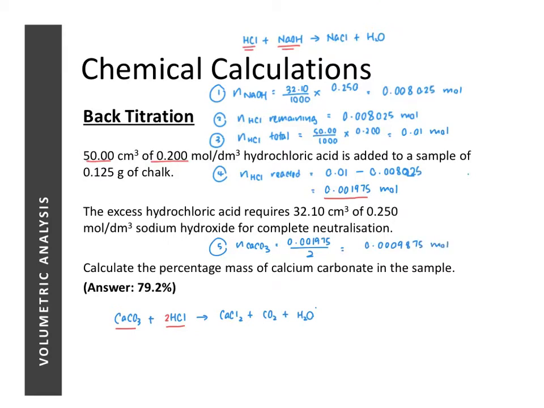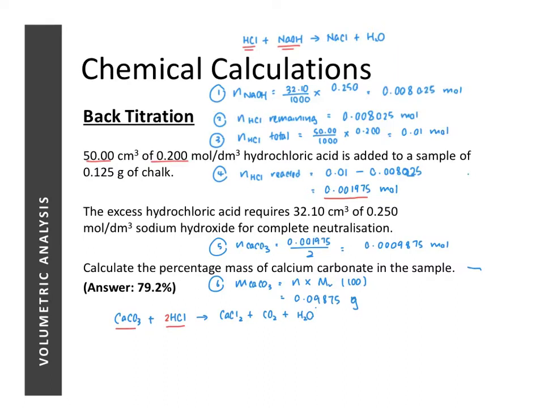Okay, and then the last step, or rather the second last step, because we need to find the percentage purity or the percentage by mass of calcium carbonate in the sample. So we need to find the mass of calcium carbonate, which is number of moles times molar mass. The molar mass of calcium carbonate is 100, so we will get 0.09875 grams.